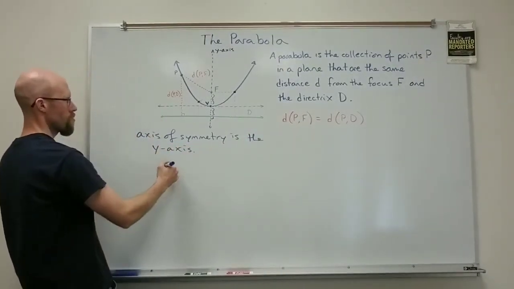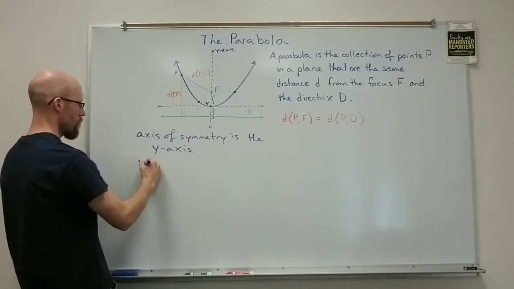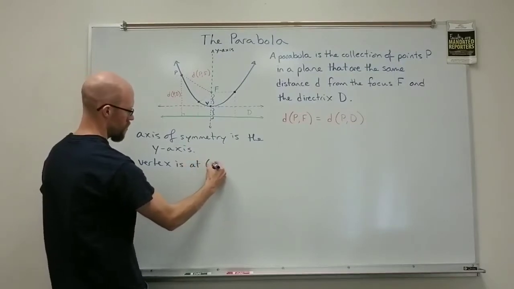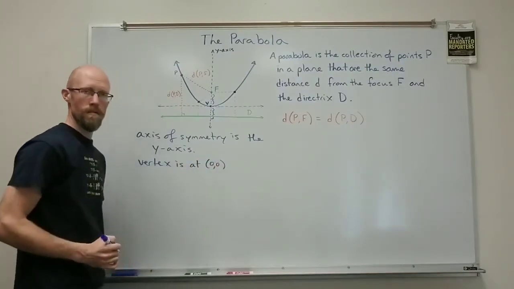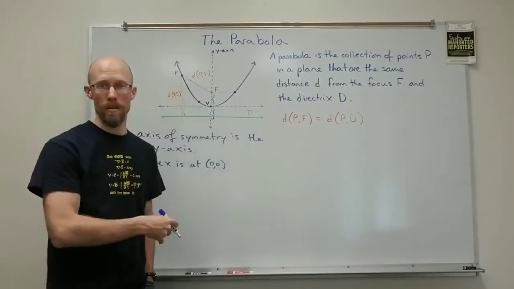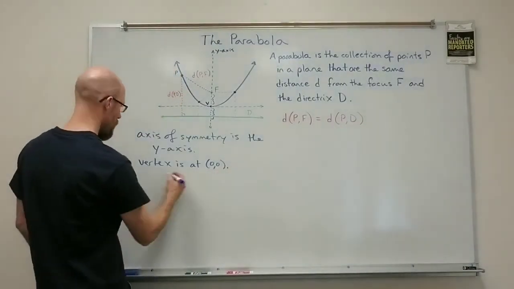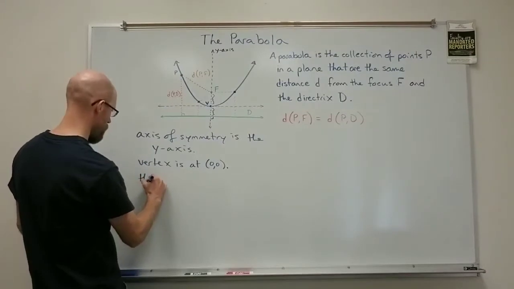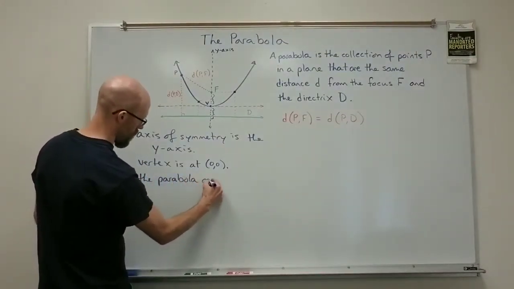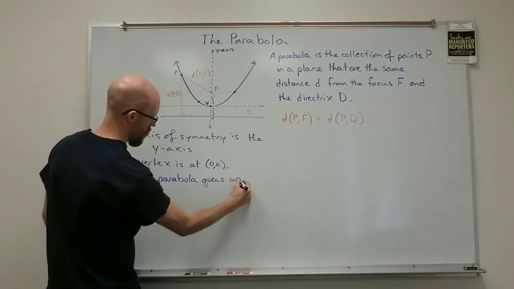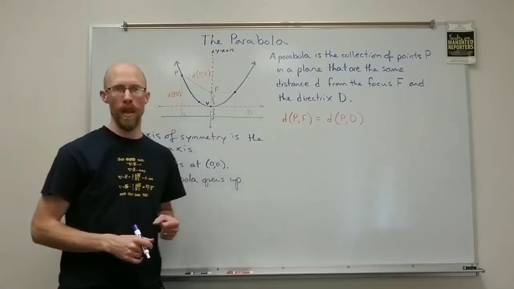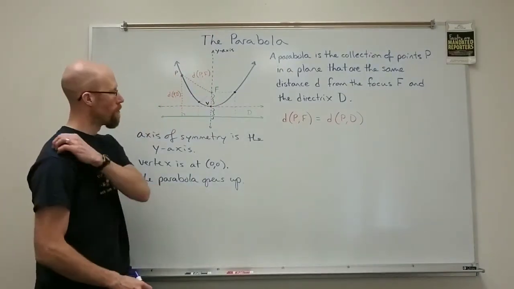I'm going to assume that the vertex is at 0, 0, so it's at the origin. I'm also going to assume that this parabola opens up for the purposes of this example. And I'll explain in a few minutes how this will be altered if we move that, rotate it, or shift it around.